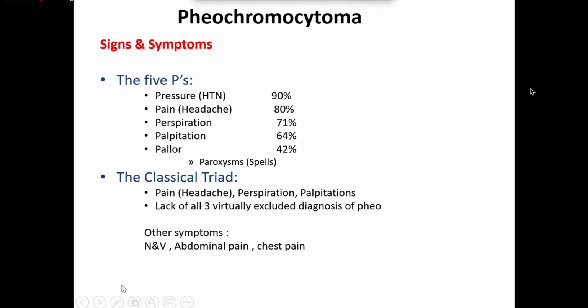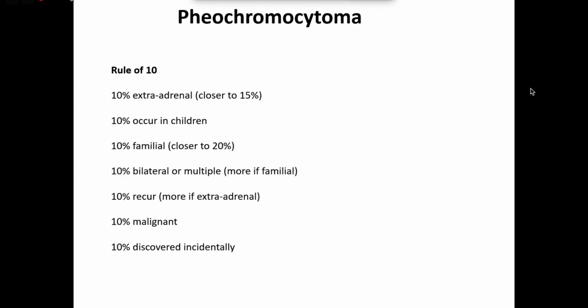There are different other symptoms like nausea, vomiting, abdominal pain, chest pain, which are non-specific. So in pheochromocytoma, as we know, there is a rule of 10% extra-adrenal, 10% in children, 10% familial, 10% bilateral, and it tends to recur in 10% of patients, 10% malignant, and 10% discovered incidentally.